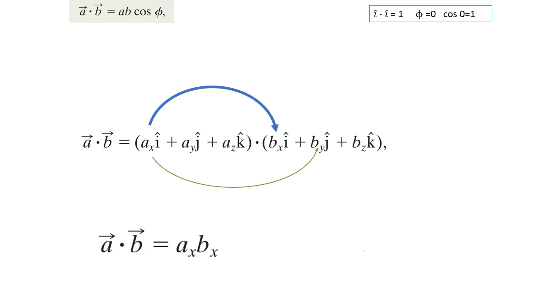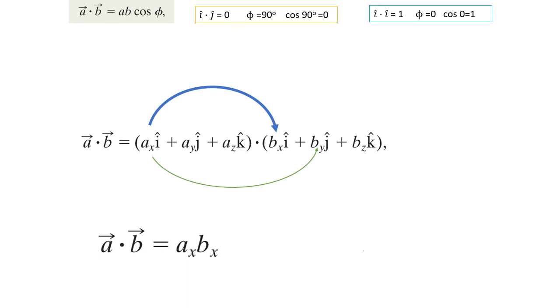Second, AX i multiplied by BY j. Here i dot j in the scalar product becomes 0 because the angle between them is 90 degrees, and cos 90 is 0. So that term vanishes.